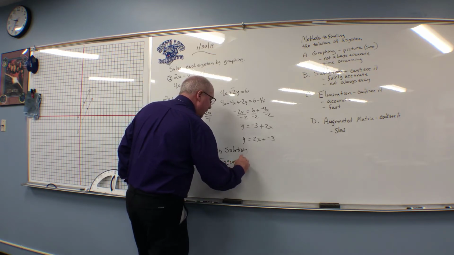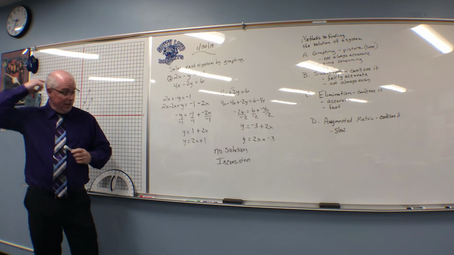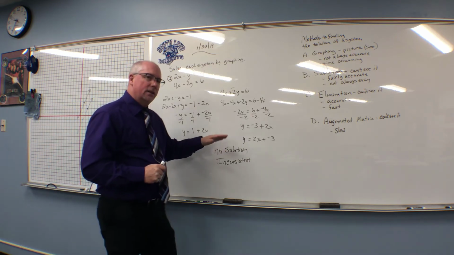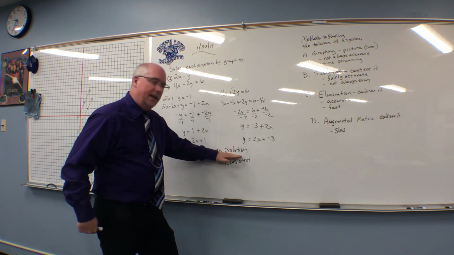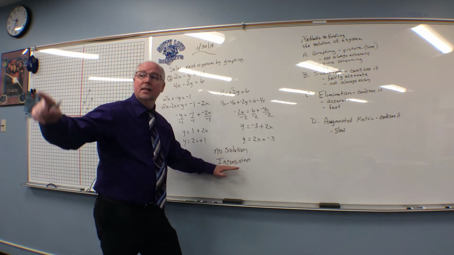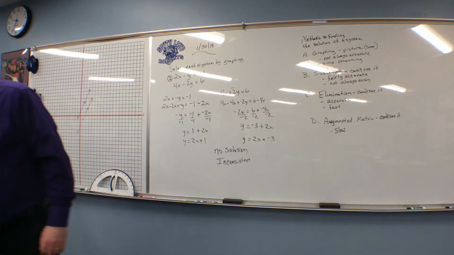Notice that inconsistent doesn't need any independent or dependent. It is simply inconsistent, which means it doesn't touch. So if I get coinciding lines, my answer would be infinite solutions, and this system would be consistent and dependent.